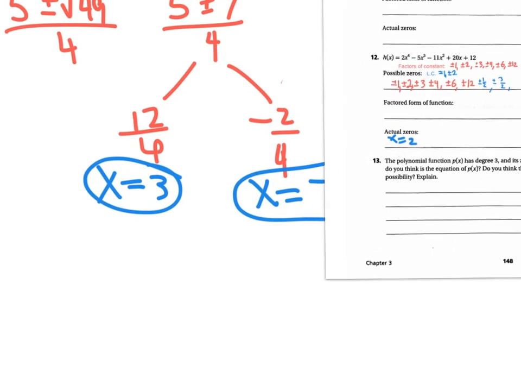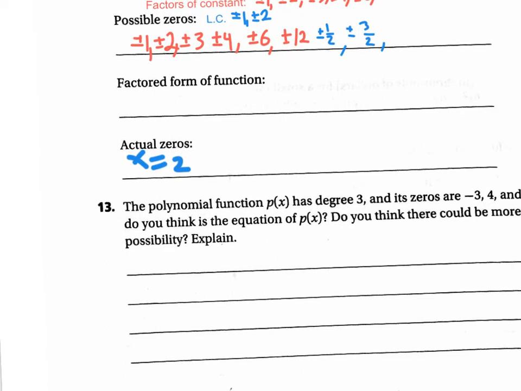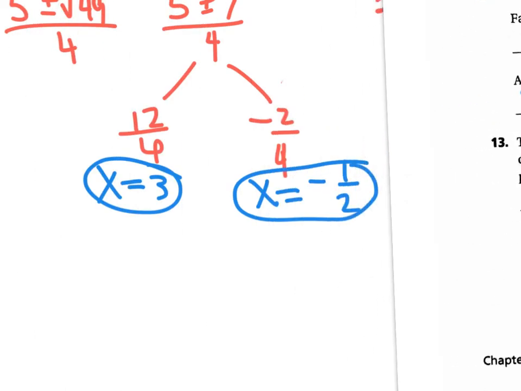So let me write that right here on the actual zeros. We said the answer was x equals 2, x equals negative 2, and we also had x equals 3, and x equals, I believe that was positive half, or was it negative half? It was negative half, I think. Let's check. Yep, that was negative half.